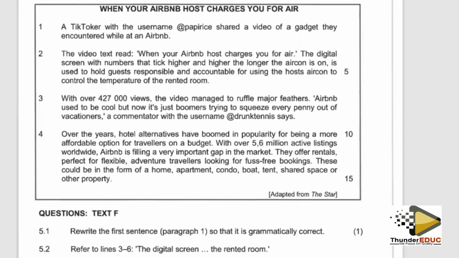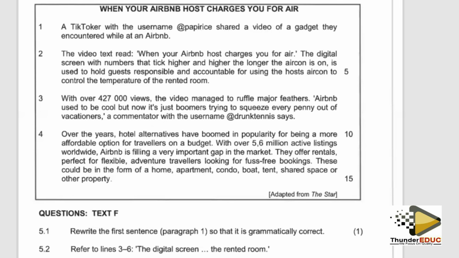Okay, let's go to our first paragraph. It's only one sentence. A TikToker with the username @papris shared a video of a gadget he or she encountered while at an Airbnb. That is a concord error. The concord is in the subject and the verb.